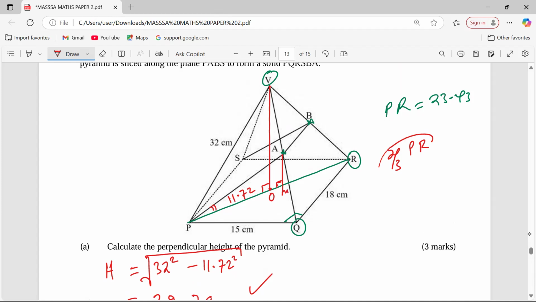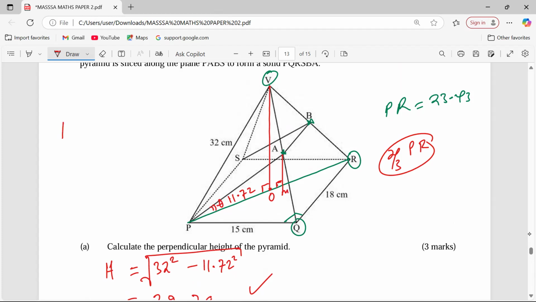Actually, instead of using the length PR, let's talk about, we need the angle here. And we know that the plane PABS is cutting the vertical height 2/3 from top, or simply 1/3 from the base.